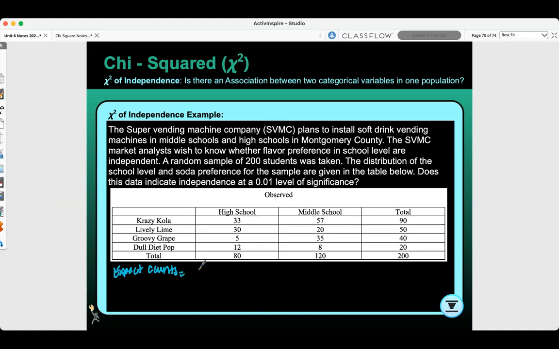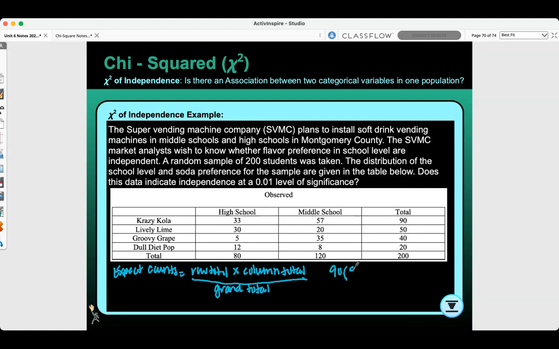It would be row total times column total, all divided by the grand total. So if I was doing Crazy Koala in high school, Crazy Koala has 90 for my row total.